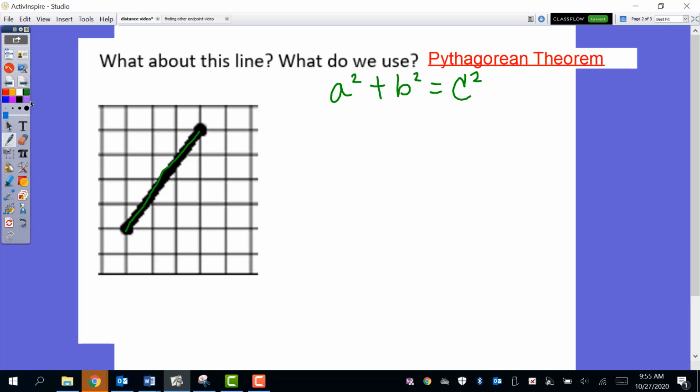What we need to do is add 2 lines to create a right triangle. So I have this line and then I have this line. Now you see how it looks like a right triangle, and this green line will be my hypotenuse. Then we need to find the length of each side.